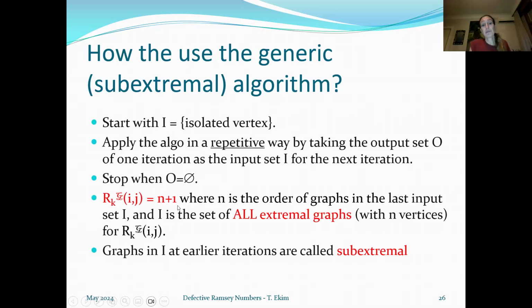So it will be n plus 1, where n is the order of the graphs in the last input set. And this last input set is the set of all extremal graphs with n vertices for R, K, V, I, J. And the graphs at earlier iterations are called sub-extremal, the name of the algorithm, because they are simply candidates for being extremal, but we don't know yet whether they are extremal or not.